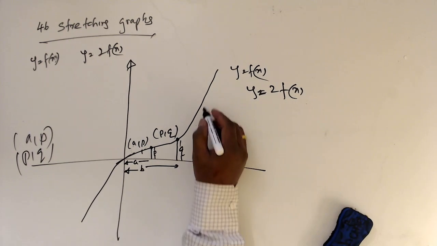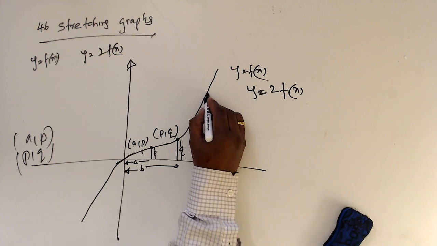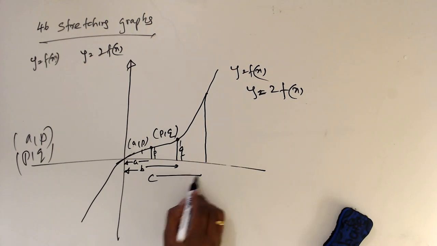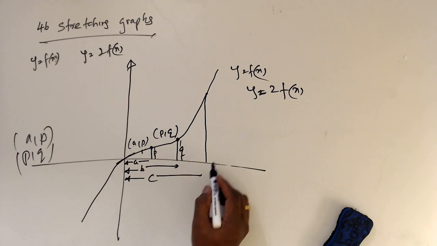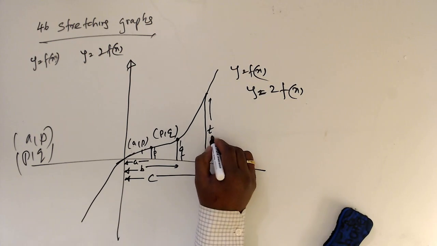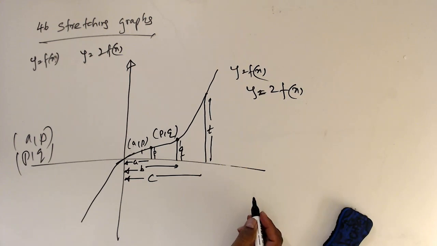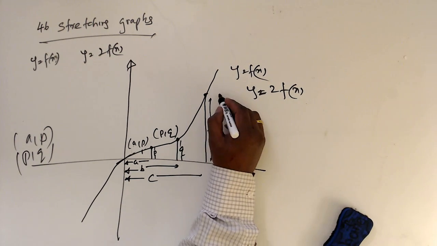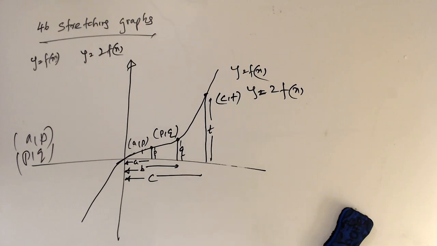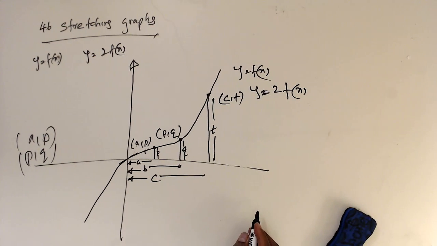Another point. This is c and this is t height. What is the coordinate of this point? (c, t).